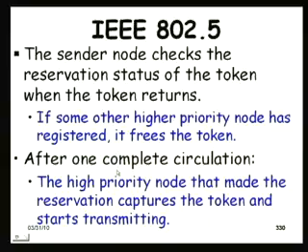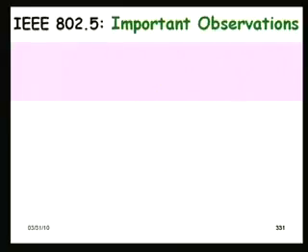And after one complete circulation in the reservation mode, it is determined if there is a higher priority message, and then it would be put in the free mode and it would start transmitting. Right? Does that look okay? Now, we can make some observations based on which we will derive some results.